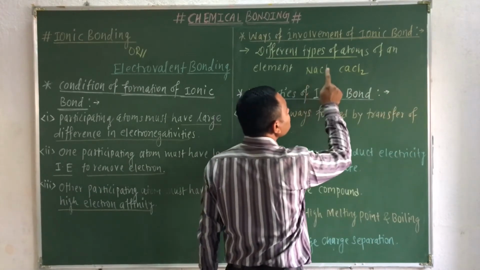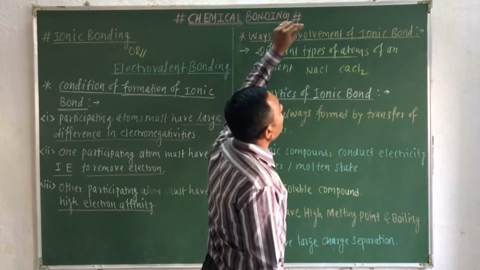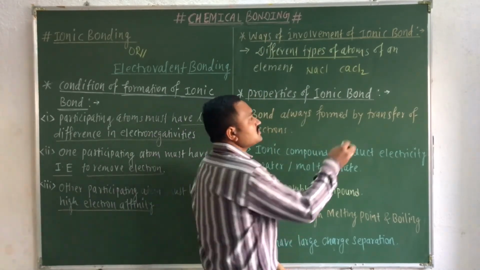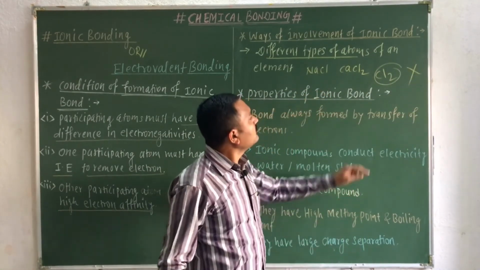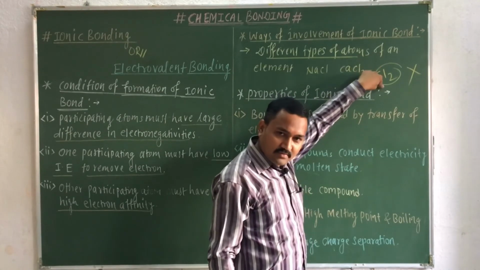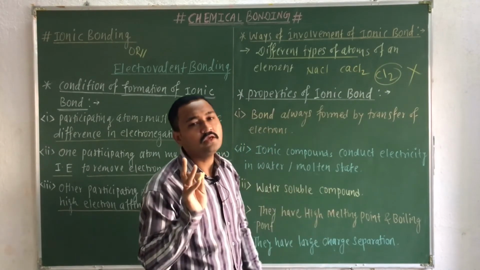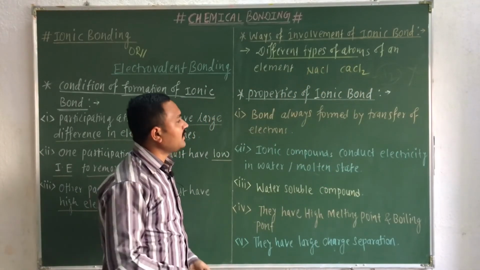The atoms of these elements are different. So this is the way of involvement for the formation of your ionic bond. The Cl2 molecule will never form an ionic bond because both atoms are the same here. If the involved atoms are the same, they will not form an ionic bond. Different atoms must be involved to form the ionic bond.